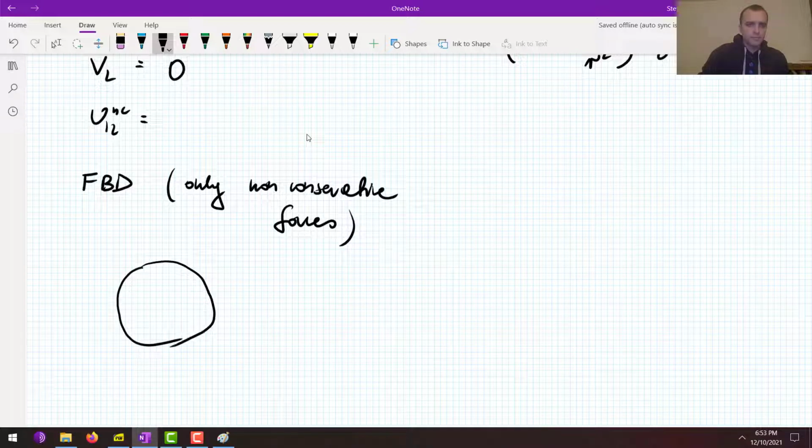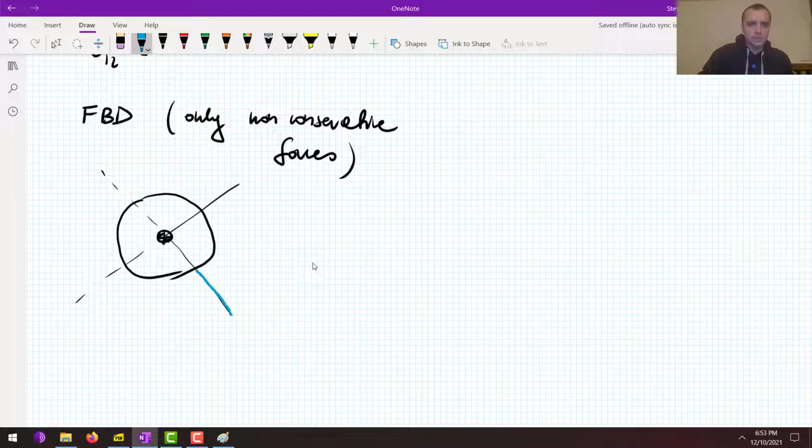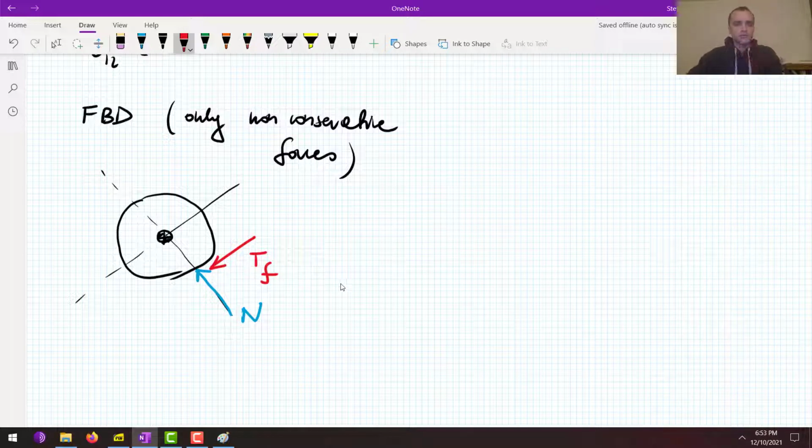Okay, so these are our cylinders. I think that there is this non-conservative force acting on our system, normal force, and also there is friction force, acting on our body. And I don't think that there are any other non-conservative forces acting on our system.